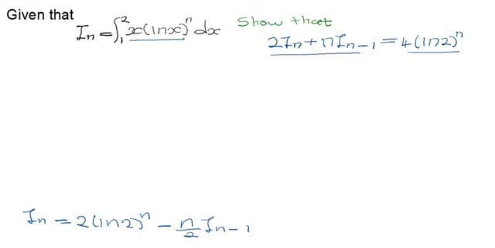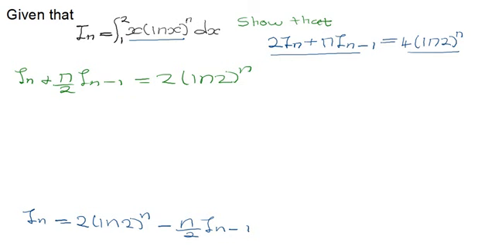So on this side, I'll have to correct the like terms. I'll have to put the I_n on one side. So I'm going to add the n over 2 I_(n-1), which will be equal to 2 times the natural log of 2 to the power n.